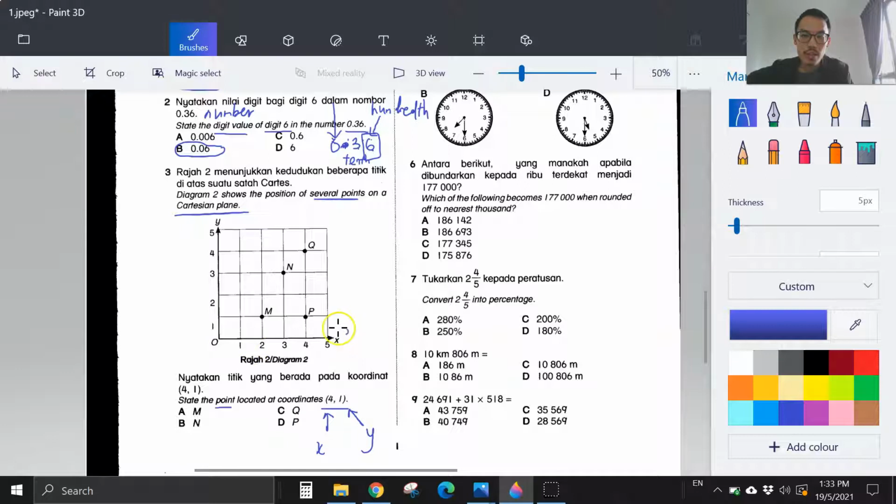The first number is 4, which is over here, and the second number is 1, which is over here. So the point is P. 4 is the x-axis, 1 is the y-axis.